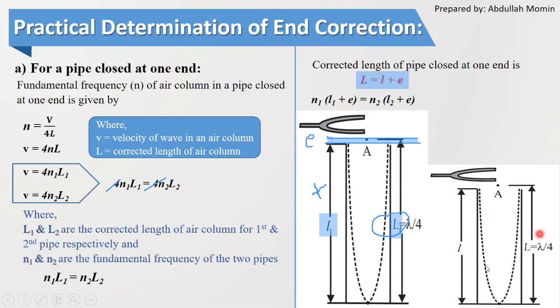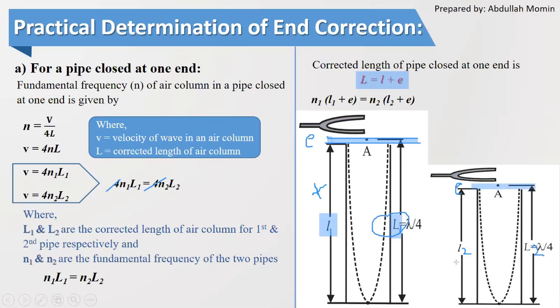Similarly, this is the second pipe and the length is different. So we will say that this length is capital L2, and capital L2 can be written as small l2 plus E. At this point, we will get the end correction.